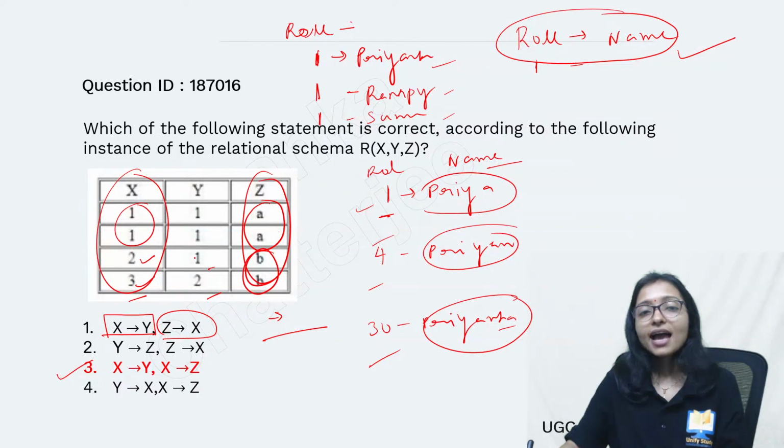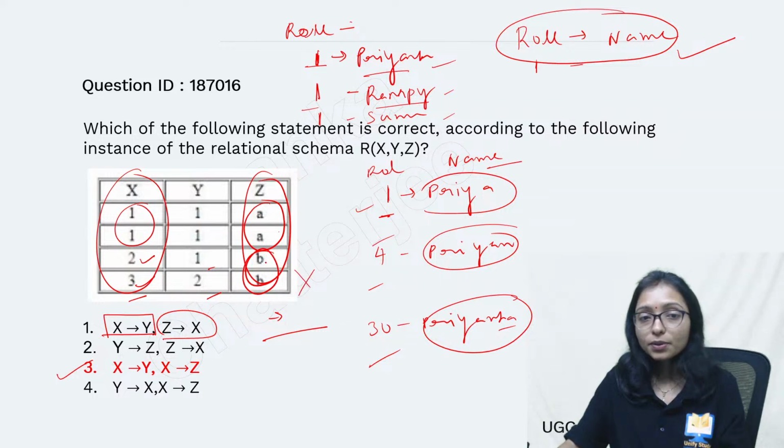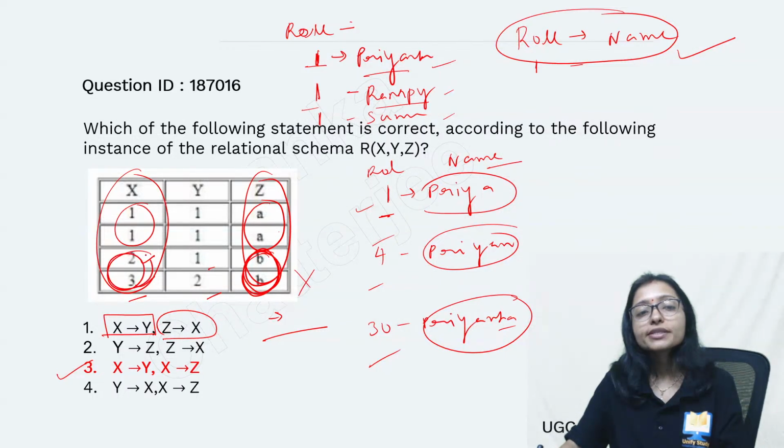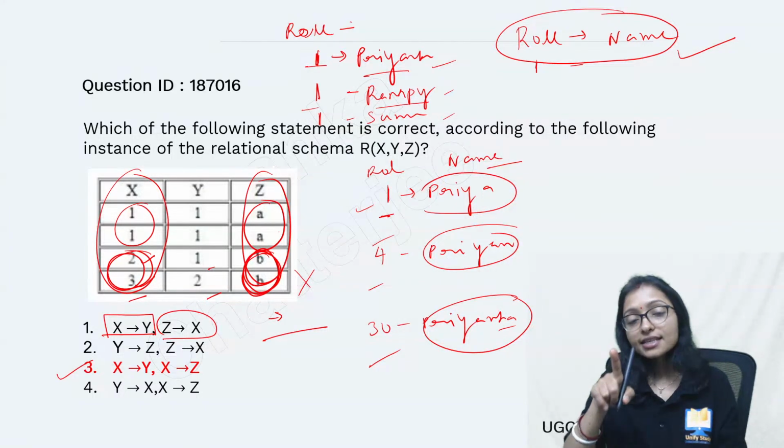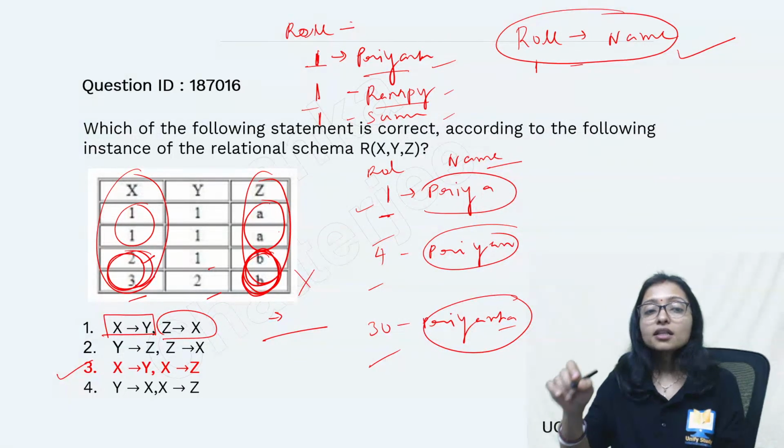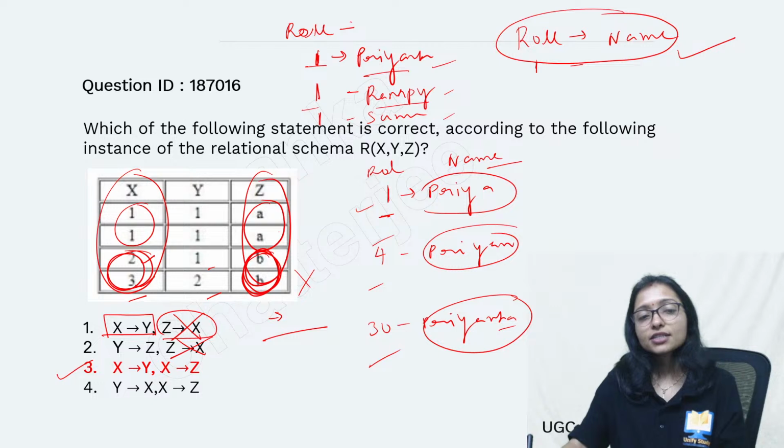It means roll number 1 is Priyanka and roll number 1 is Rampi. This is not possible because for this same BB value, here there should also be the same values. As the same values are not there, that's why Z implies X is wrong, and from here you can eliminate Z implies X.